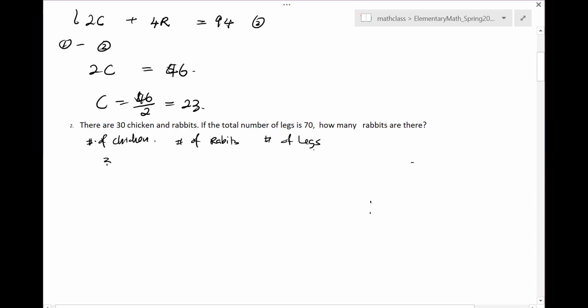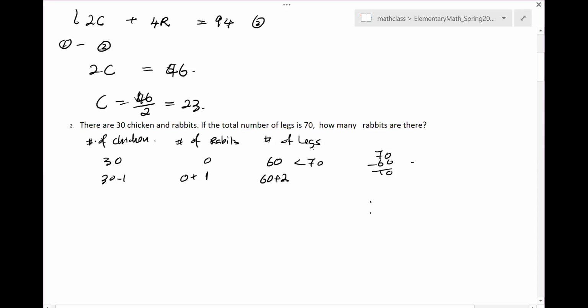So you should assume there are 30 chickens, 0 rabbits, right? The number of legs will be 60. 60 is less than 70, so 70 minus 60 is 10, a difference of 10. Every time you decrease the number of chickens by 1, the net change in the legs will be 2.